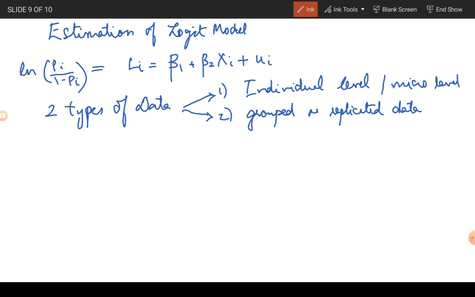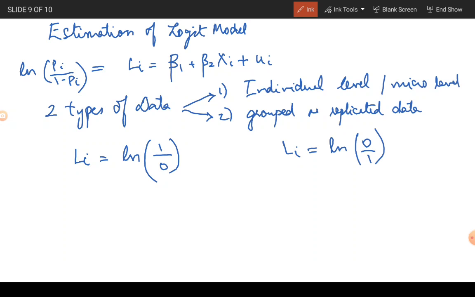If we have micro level data, that is, we have data on individual families, continuing with the home ownership example, if you have data of whether the family owns the house or not, and their incomes, your Li for an individual would be, if the person owns the house, log 1 by 0, and if the person doesn't own the house, your Li will be log 0 by 1.